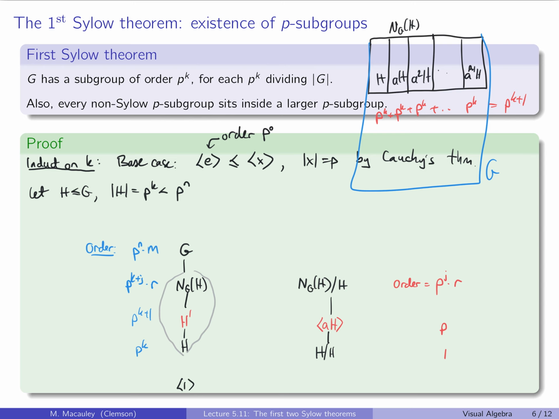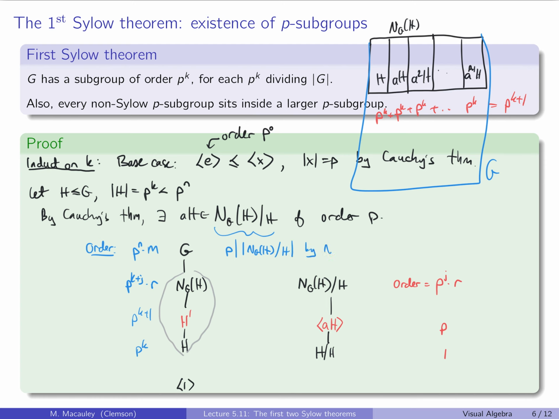So how much of this do I want to write down? I would just say, by Cauchy's theorem, there exists an element AH in the quotient of the normalizer by H of order P. Oh, and it's probably worth saying that P divides the order of this, by the normalizer lemma of last time.